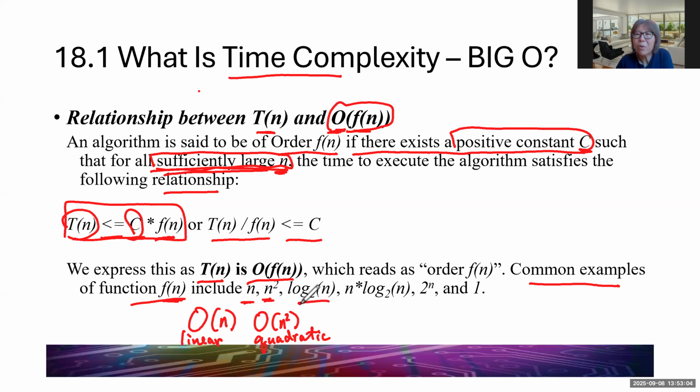Or log 2n, a log relationship, or n times log 2n, or 2 to the n, and also 1. If you write it as 1, then this is constant, so the time complexity is constant. That means your algorithm doesn't depend on the input data size. It has nothing to do with n.